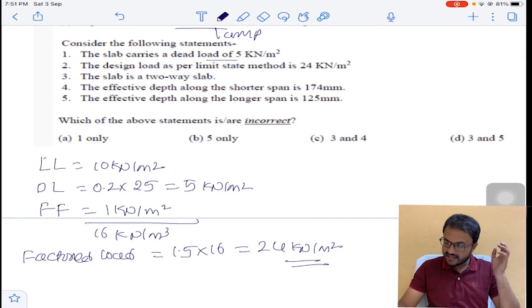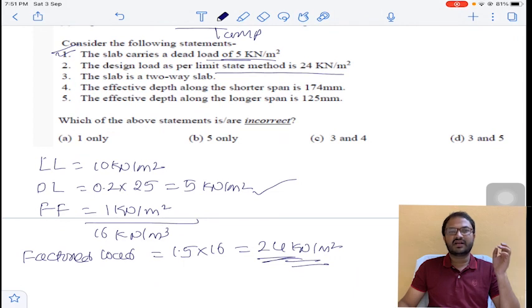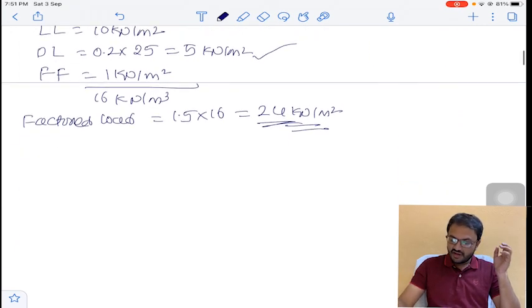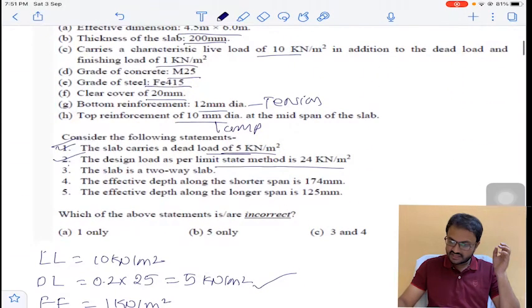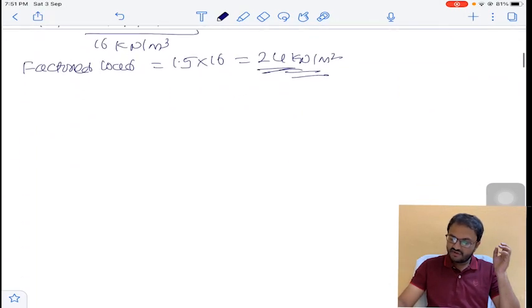The slab carries a dead load of 5 kN. So this statement is correct. Statement 1 is correct. The design load as per the limit state method is 24. So the factored load as per calculation of the limit state method, we got the value of 24 kN per meter square. So statement 2 is also correct. Now he has given the dimensions of the slab as 6 meters by 4.5 meters.